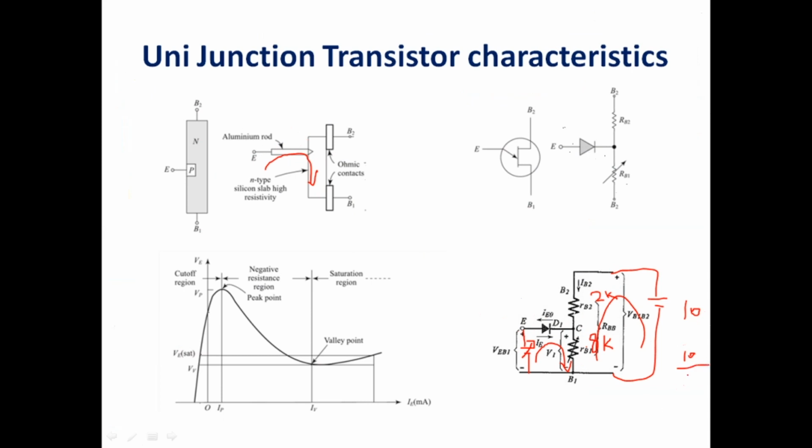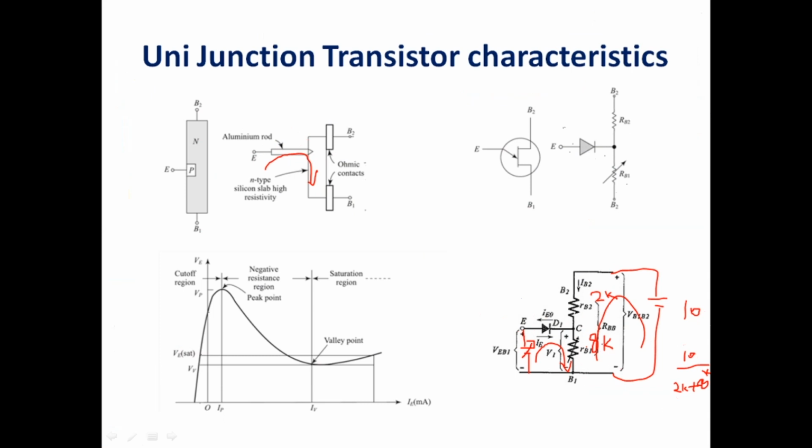That is 10 volts divided by 10k, so 1 milliamp of current is flowing.